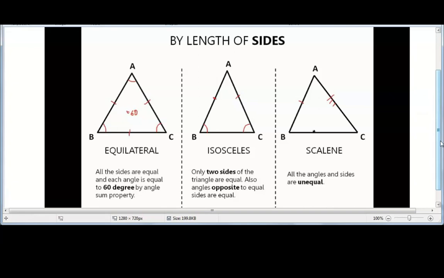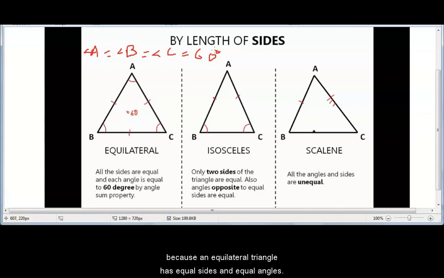In an equilateral triangle, we can say that angle A is equal to angle B, and is also equal to angle C, which is equal to 60 degrees, because an equilateral triangle has equal sides and equal angles. So if the sum of the angles in a triangle is 180, then each angle in an equilateral triangle will be equal to 60 degrees.